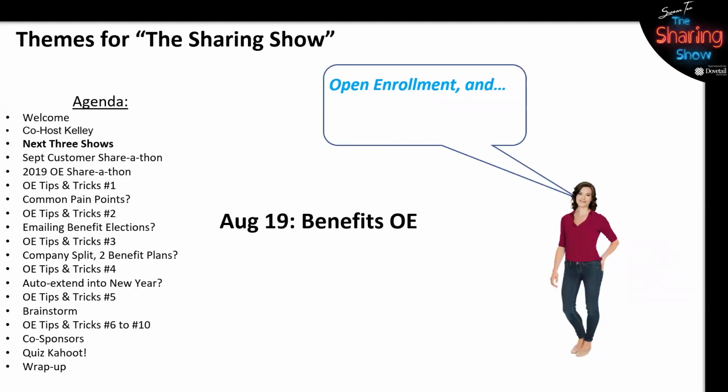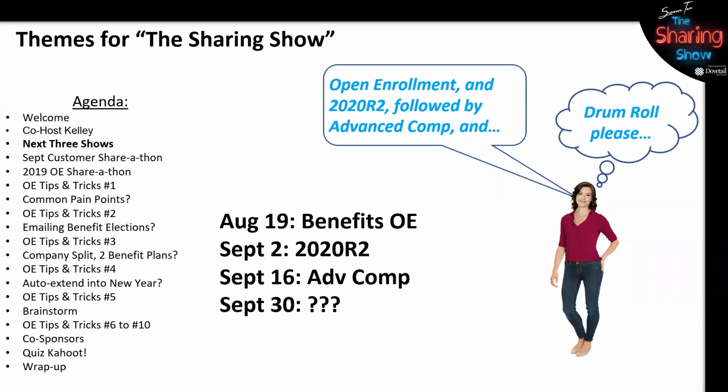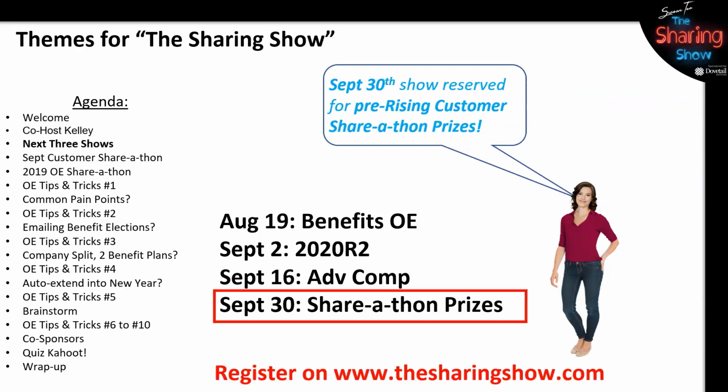Thank you, David. Our themes for the Sharing Show: today we're working on open enrollment and benefits. On the 2nd of September, we're going to go to 2020 R2, followed by advanced comp. Then September 30th, we're looking forward to see what you have. Here's what we're going to do on September 30.